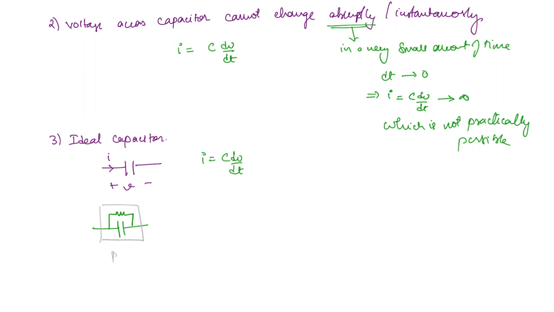Okay, so now what happens is this entire setup we call as the practical capacitor. Okay, and the resistor we call it as leakage resistance.